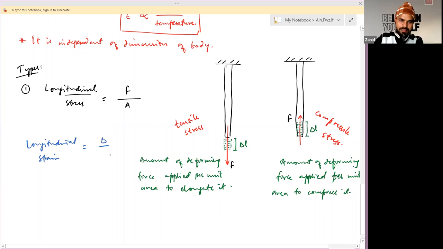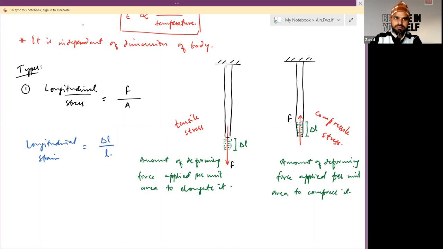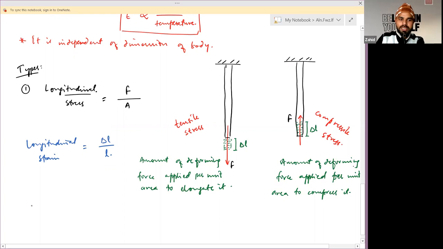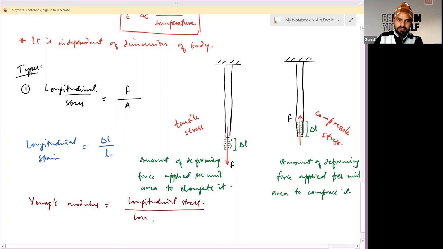It will be delta L divided by L. Now, the ratio of these two terms equals the modulus of elasticity, which in this case is called Young's modulus. So Young's modulus equals longitudinal stress divided by longitudinal strain. Young's modulus is denoted by Y.